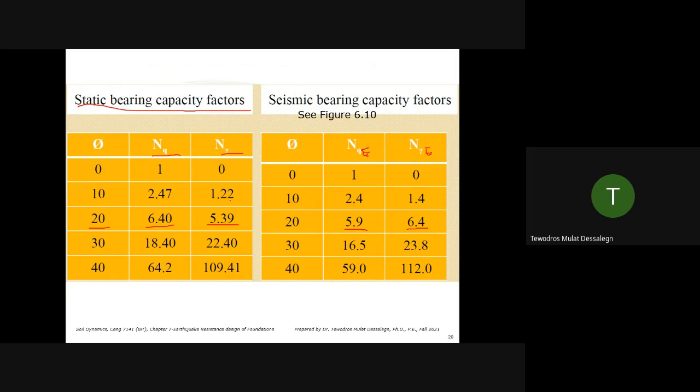You may see it decreasing for low phi values, but it increases, especially the N gamma, you see 22.4, 23.8, 109, 112. So it doesn't mean it will reduce. It depends on the soil type, the phi angle, but there are more factors to see. But these are the equivalent values for pseudo-static bearing capacity of a soil.